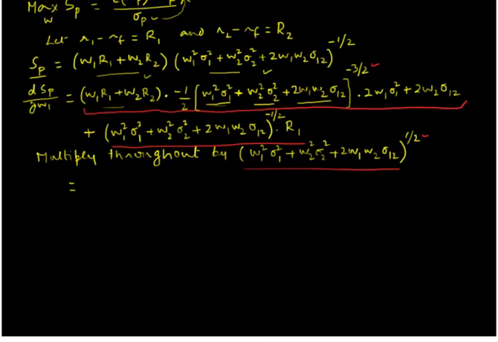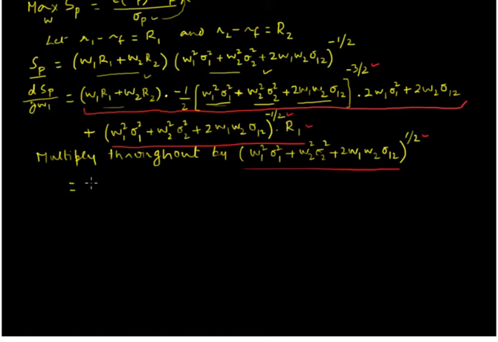So this means when we multiply now this term throughout with this term here, the exponents, this one and this one, are going to get added, which means that the exponent is going to become 0, and anything raised to the power of 0 is 1.